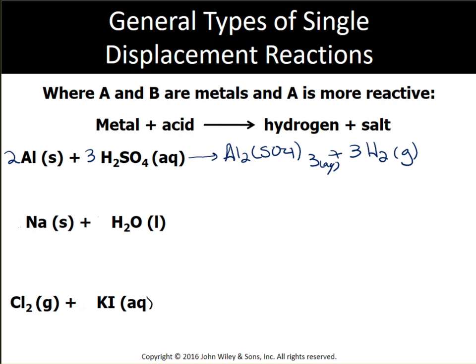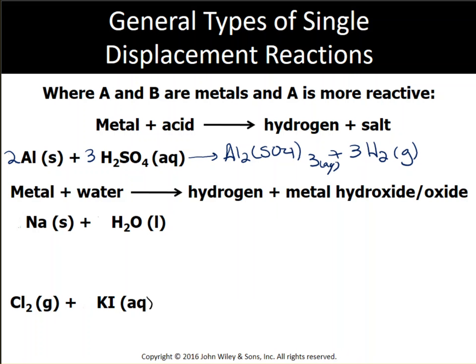So the other type of single displacement reaction is a reaction of metal and water. And from that reaction, you would expect to get hydrogen gas and either metal hydroxide or a metal oxide. So here is an example of sodium and water.